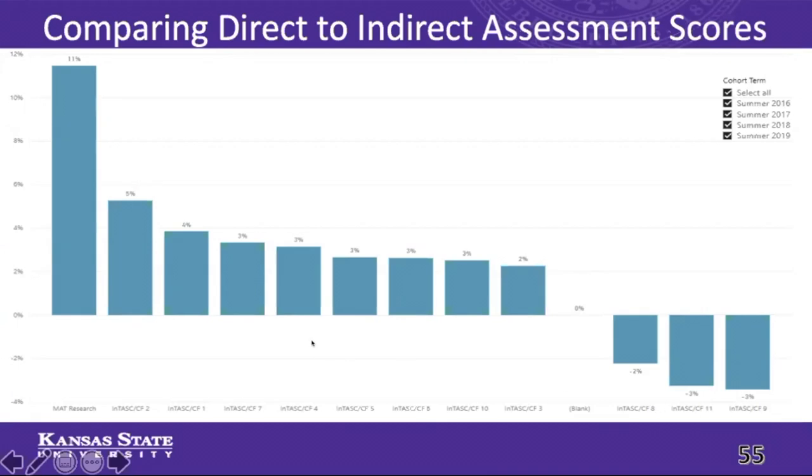And then they compared the students' indirect self-assessment to the direct assessment in the very same outcome, using the very same measure. And now they recognize in this particular outcome area, the students scored themselves 11% higher than the faculty did. In other words, the students are self-inflating their competence according to the rigor expected by the program.